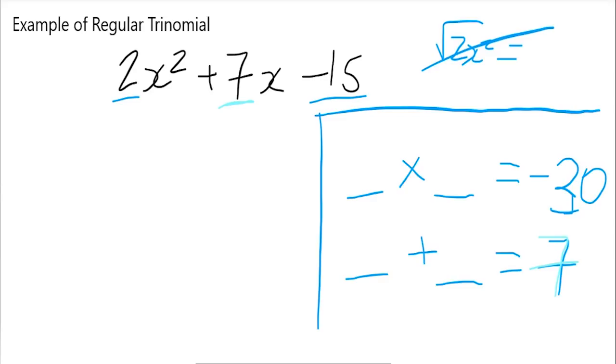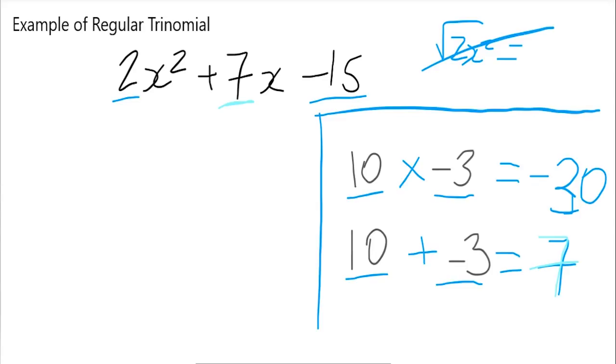So let's think about it. Well, if we multiply 10 by negative 3, we get negative 30. If we add 10 plus negative 3, so 10 minus 3, we get 7. So we know our two values that satisfy these two circumstances are 10 and negative 3. So what do we do from there?